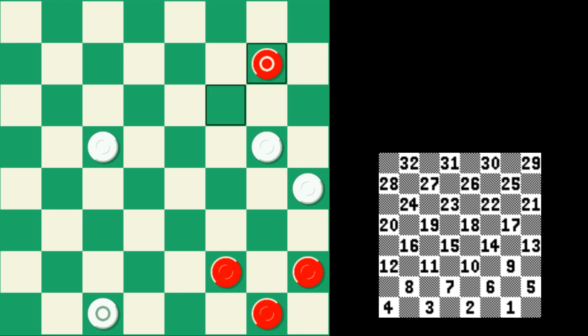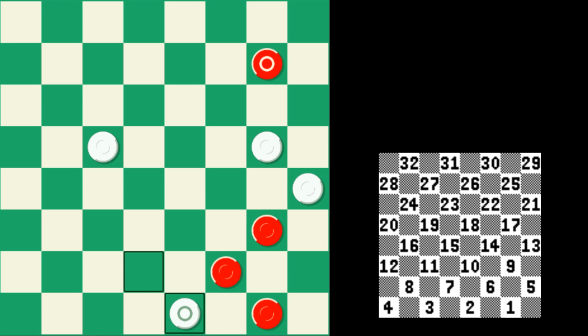Red is going to continue to try to attack that piece on 17, and White is going to also continue to back it up here. Red then goes 5-9 next, looking to completely pin the piece on 17. And White is also going to try to pin both of those pieces on the board now.